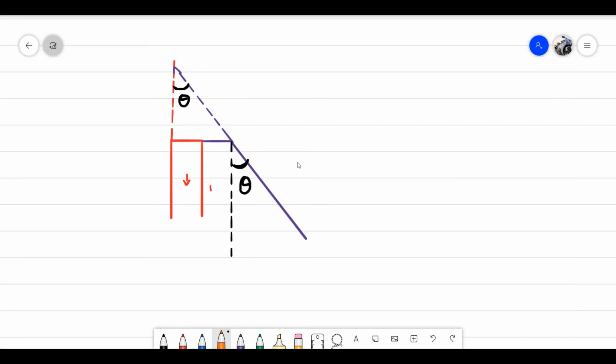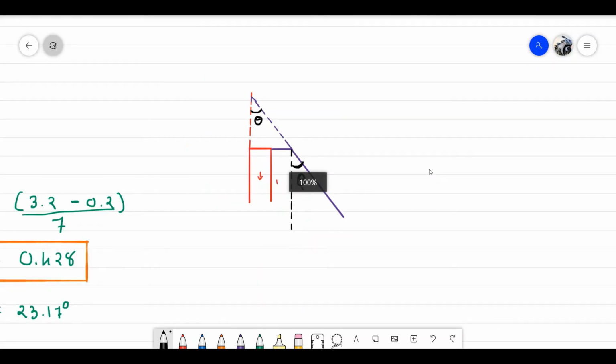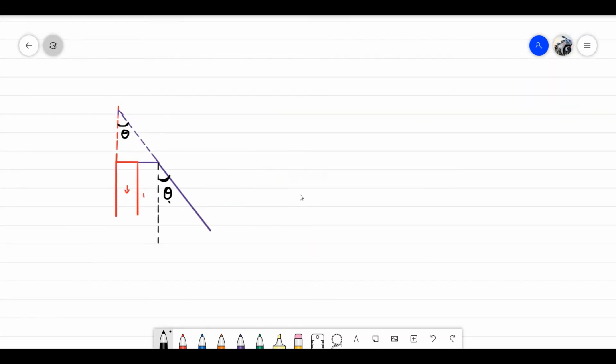Now see, we found this theta. And the same triangle is here, so this theta will be the same. The angle will be the same, so the same equation we will follow here: tan theta equation.